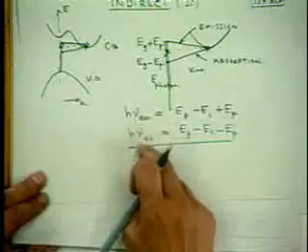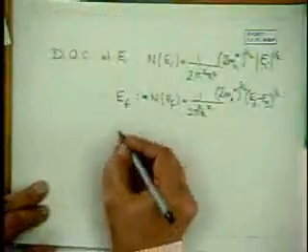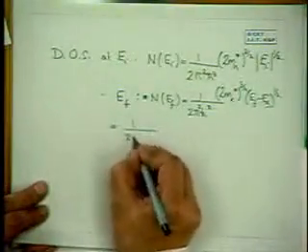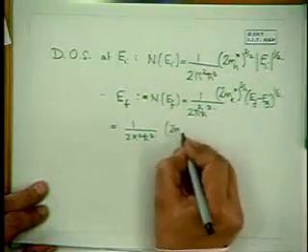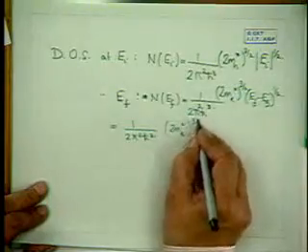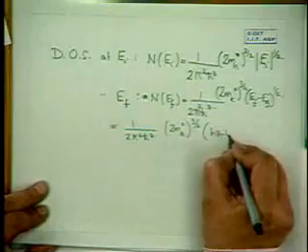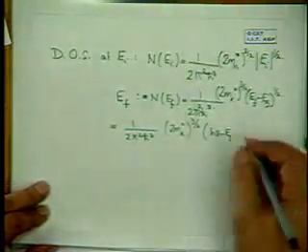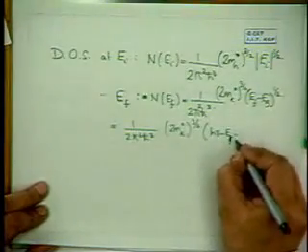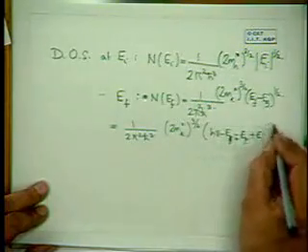And substituting these values of h nu for emission and h nu for absorption, one can rewrite this as 1 by 2 pi squared h cubed, twice ME star to the power 3 by 2, h nu minus EG minus plus EP plus EI to the power half.